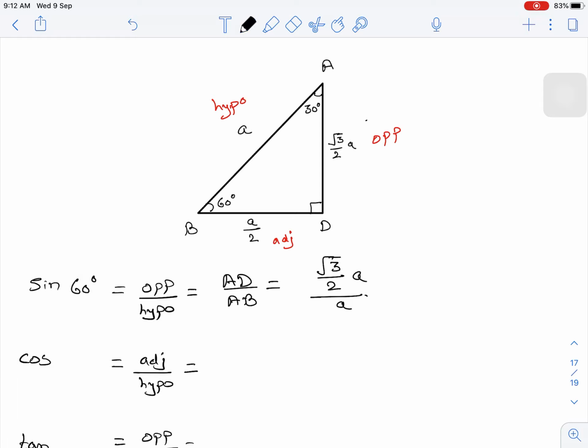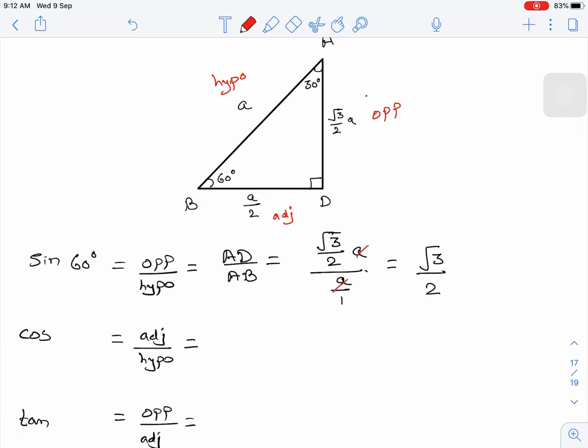If it doesn't have any denominator, better is to write a denominator over there. Now this a and this a will get cancelled, so finally you will get root 3 upon 2. I'm just cancelling this a over here.